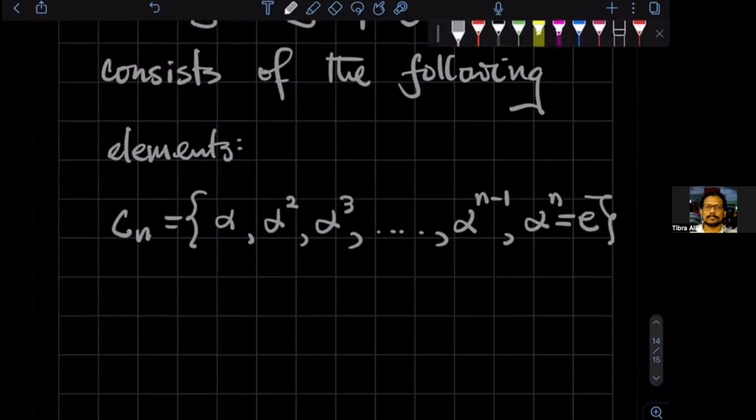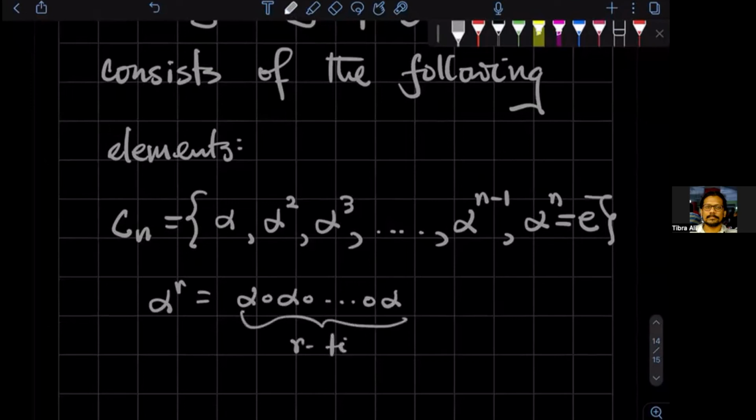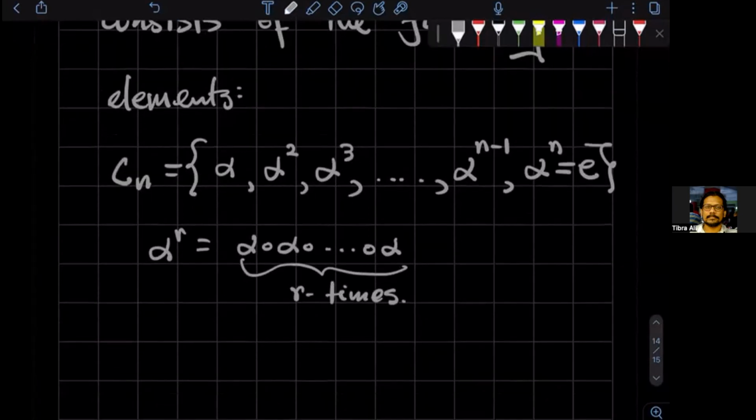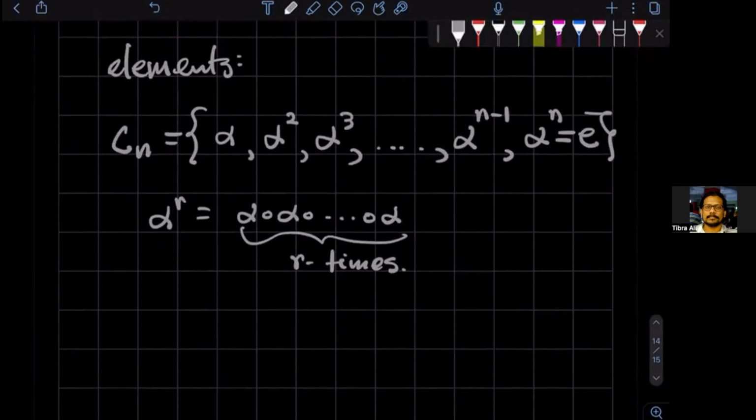What this notation means is that alpha to the power r is alpha composed with itself r times. This group is called a cyclic group, and alpha is known as the generator.